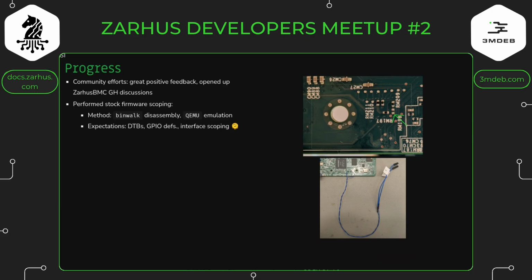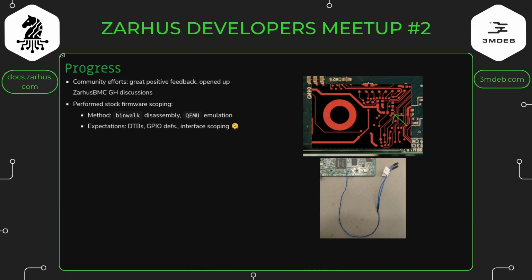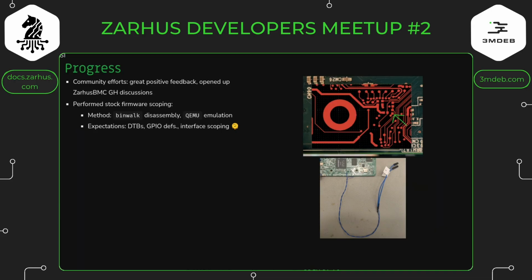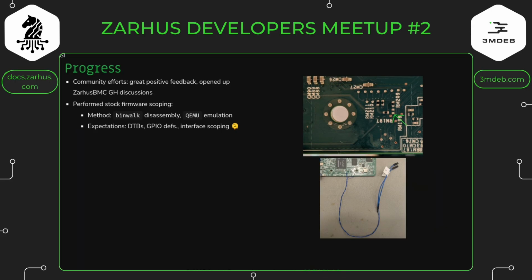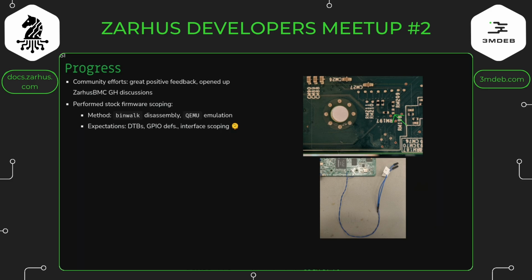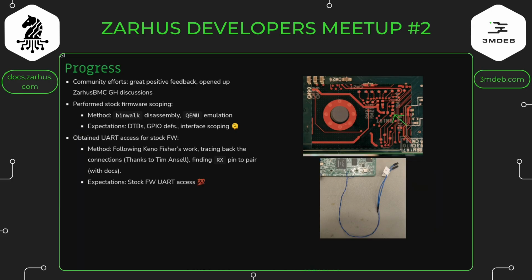Our expectation was to find some DTBs, so device tree binaries, or GPIO definitions we were missing, or even do some interface scoping. But unfortunately, while we succeeded partially, it was doubtful how trustworthy those results were, because when you emulate such firmware, there are lots of services failing, and it's hard to tell if you can trust those results.